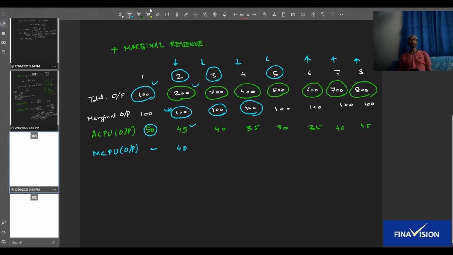For option 3, what is the calculation, friends? Total cost at 300 units minus total cost at 200 units divided by 300 minus 200, which is 100.